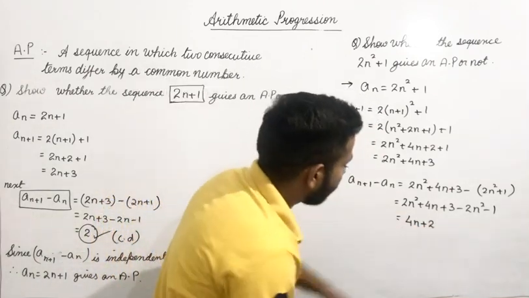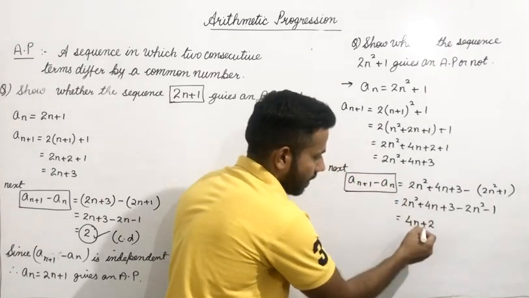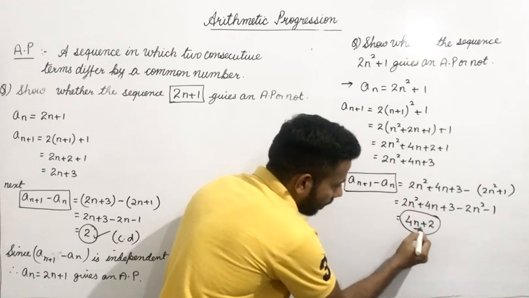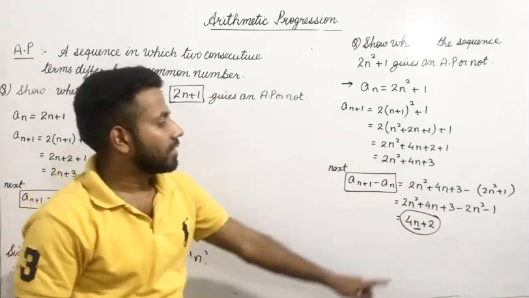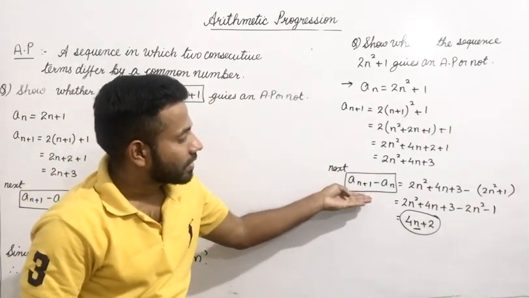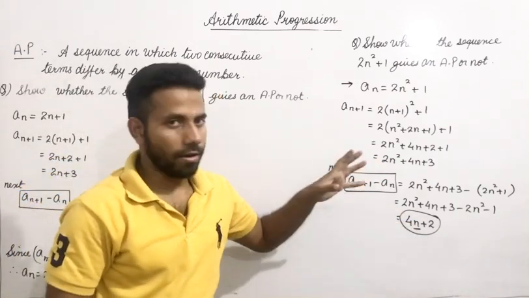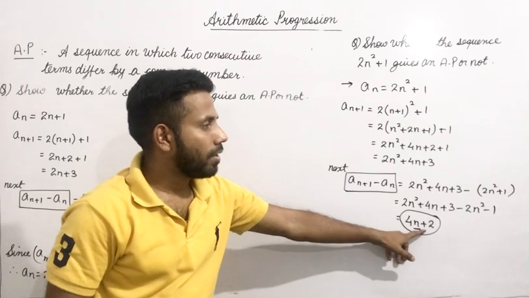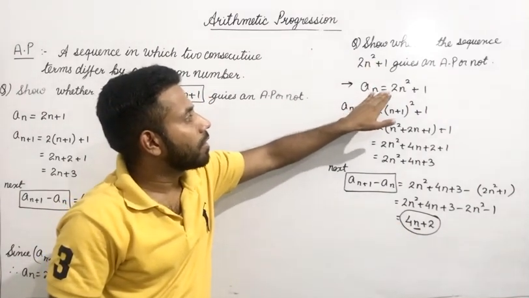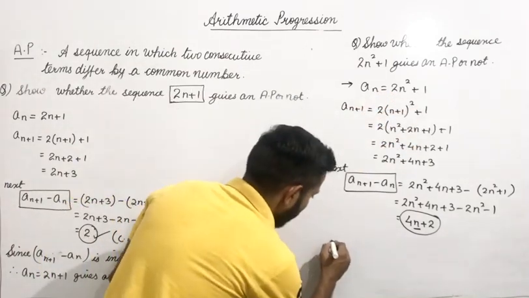When you look at this difference, a(n+1) minus an, it comes a term which consists of n. So since the difference of the successive and the preceding term is dependent on n, the sequence which is given by 2n square plus 1 will not give an AP.